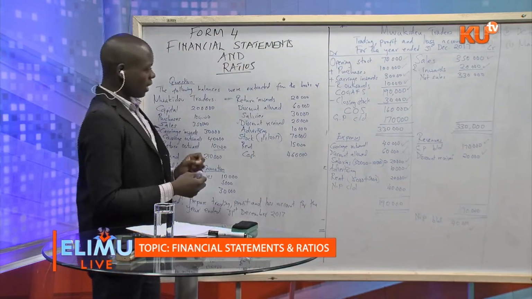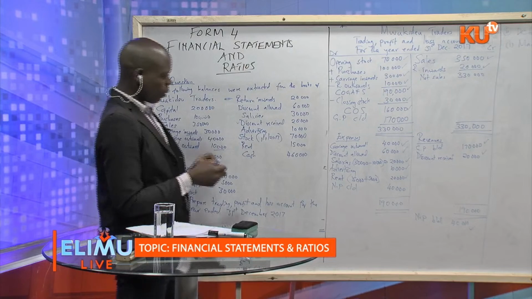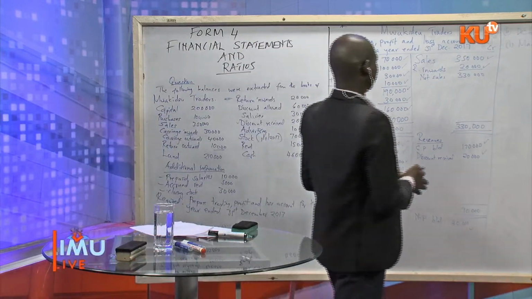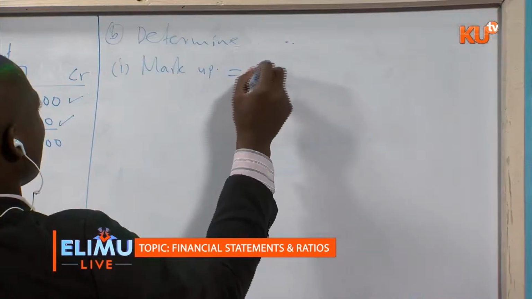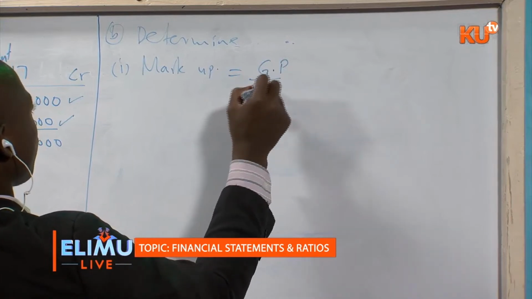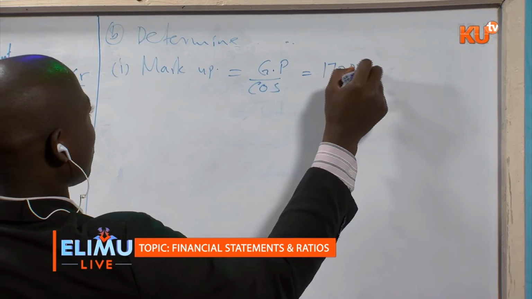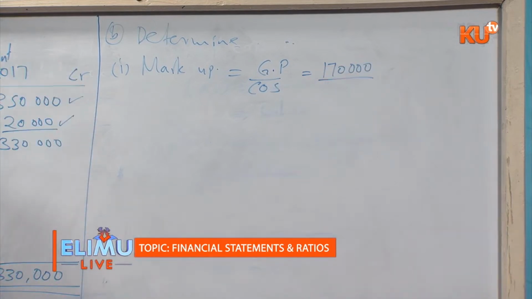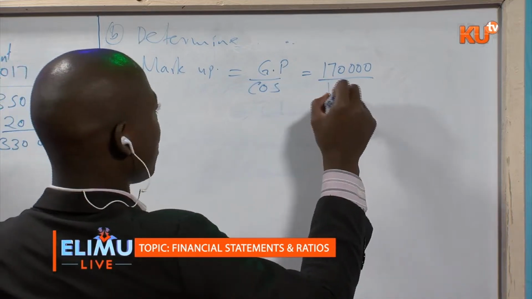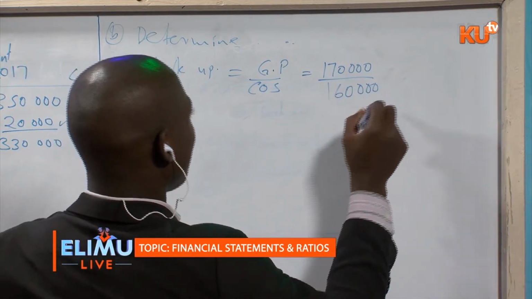So we need to ascertain from the figures we have, the gross profit is 170,000. So I will take this gross profit over cost of sale. Our cost of sale is 160,000. So we divide this by 160,000.